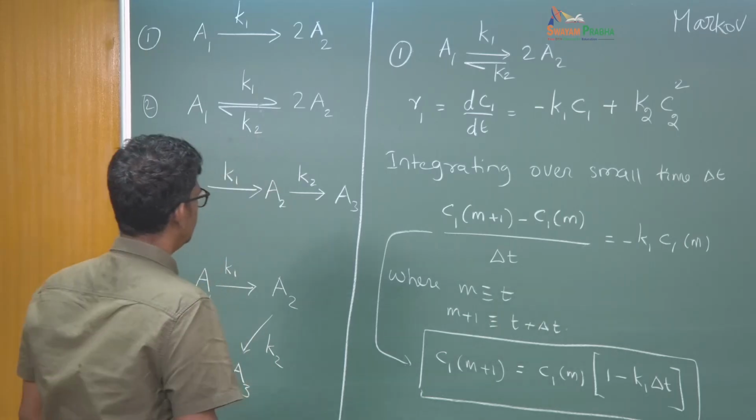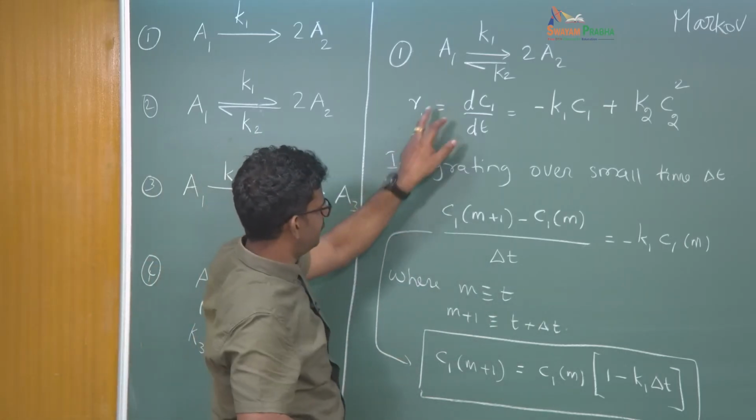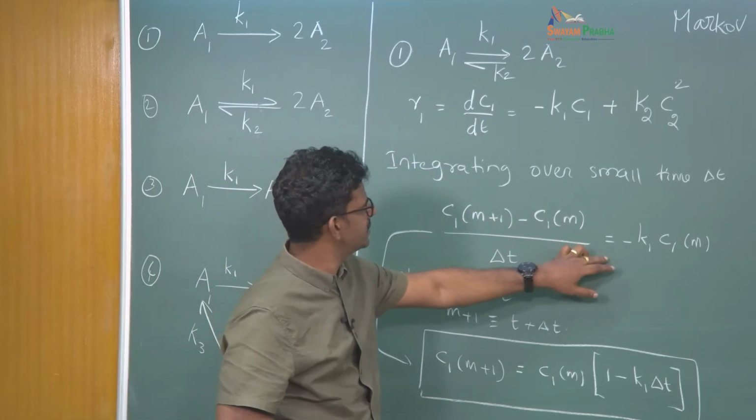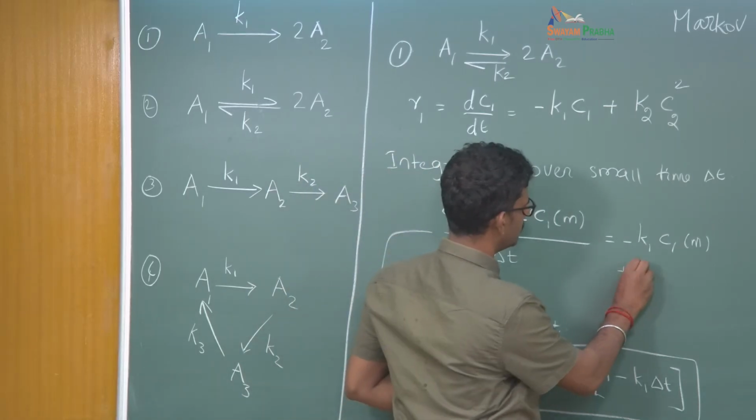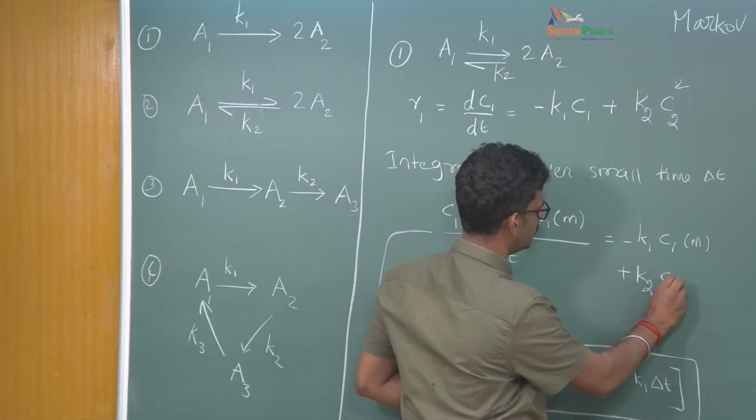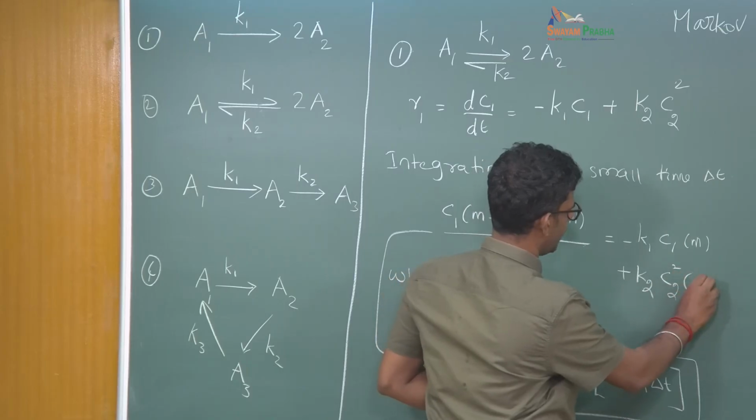And then we do the same thing here. The left hand side we integrate, and the right hand side I'm going to have an additional term which is K2 C2 squared at m.